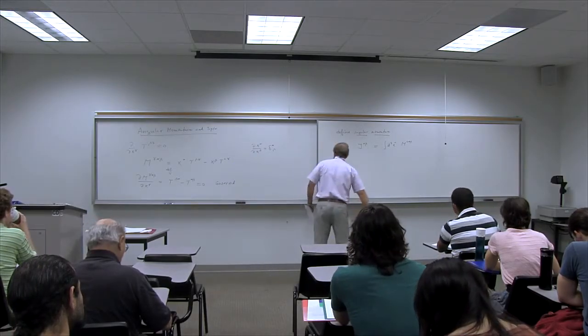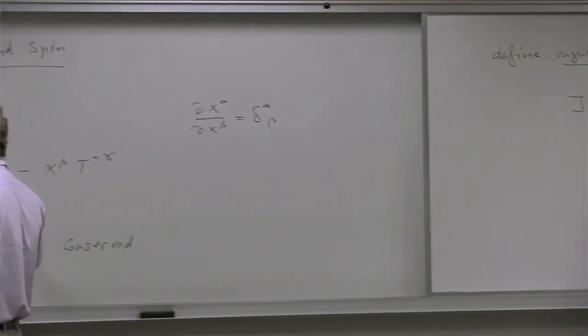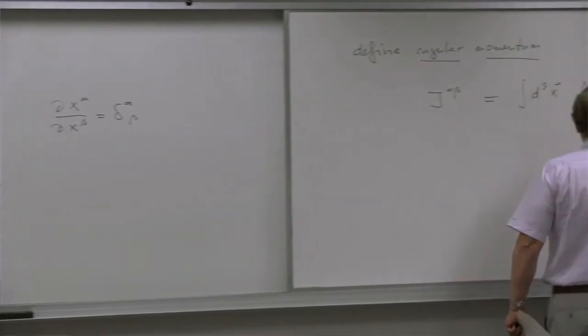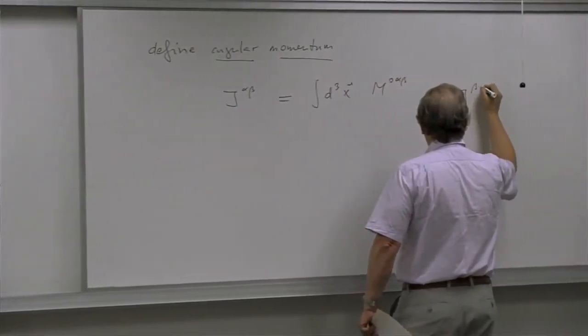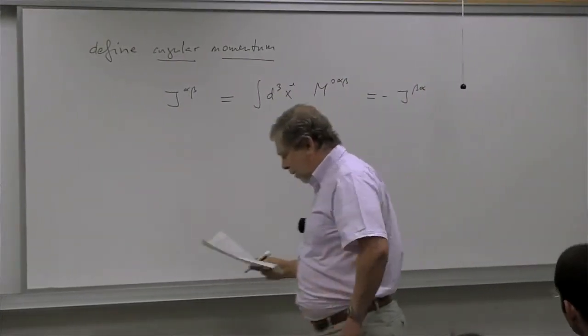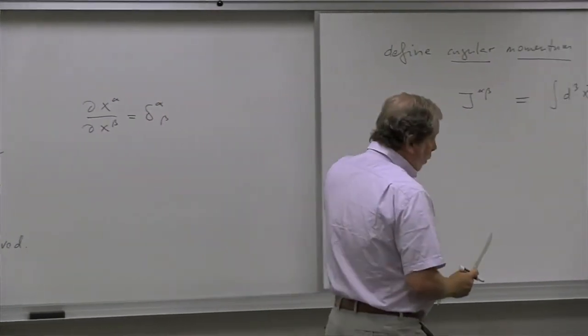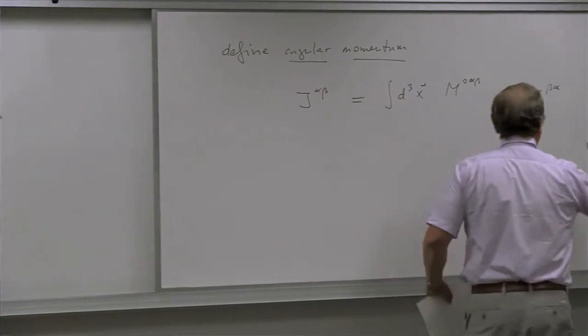And by construction, because of this difference, this is also equal to minus J beta alpha. So it is antisymmetric, as you would expect for an angular momentum. So this is constant.